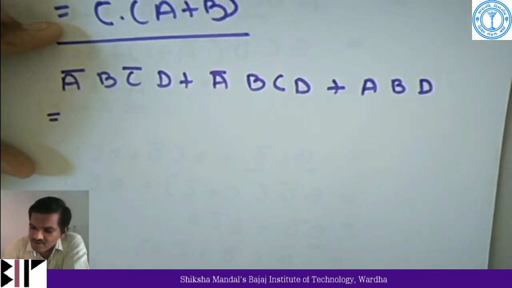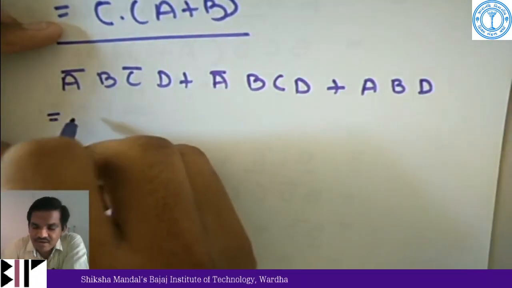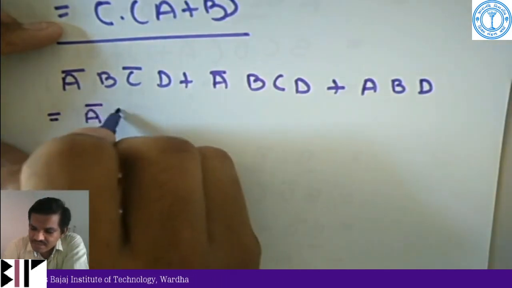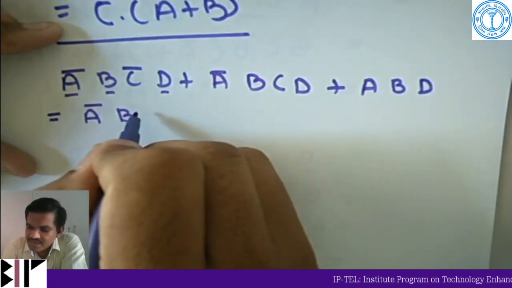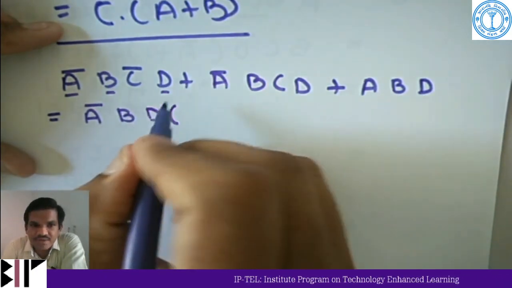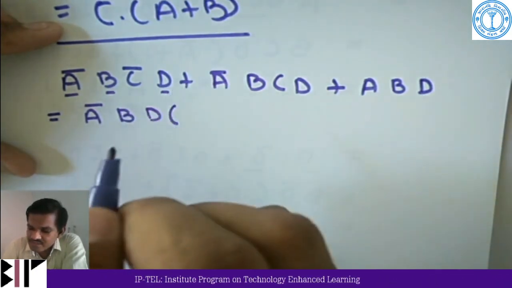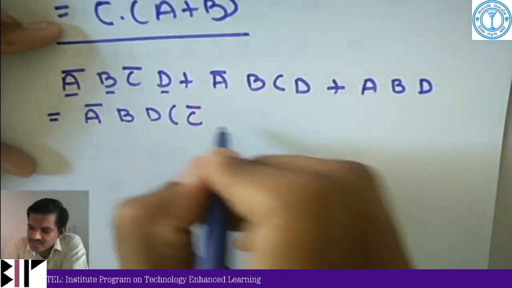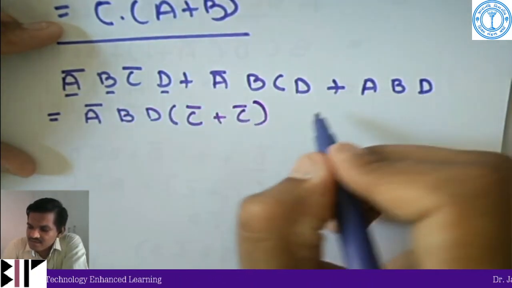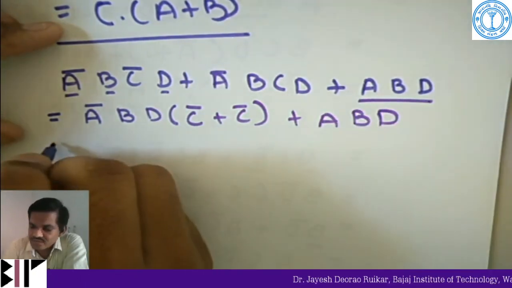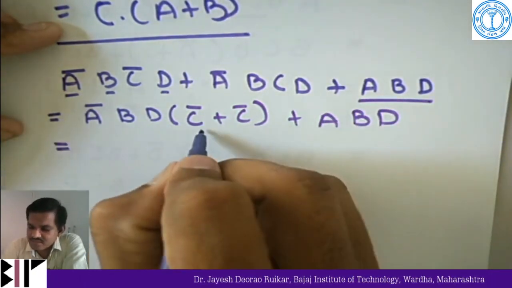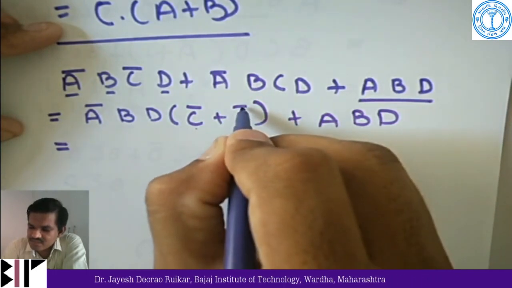Let us take first common A bar B and D, because the same terms are there in all. When we took A bar B D common, what is left is C bar plus C plus the left term A, B and D.